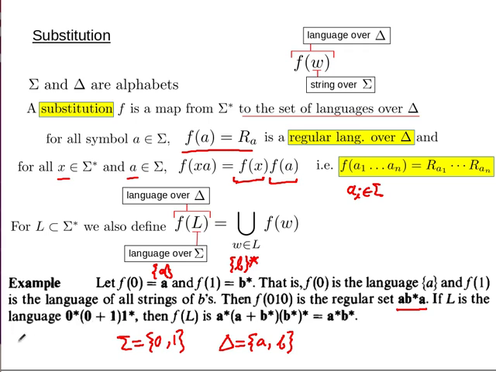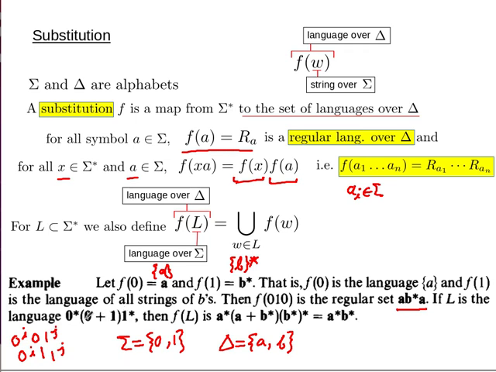You have some number of zeros, say 0 to the i, then you have either a 0, or maybe you have 0 to the i, then a 1, and then some number of 1s. So 1 to the j maybe. So this sort of strings are in this language.